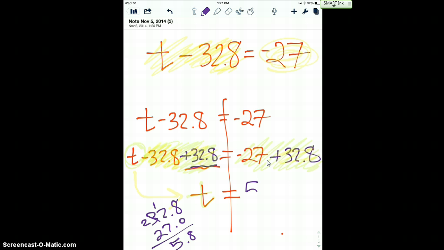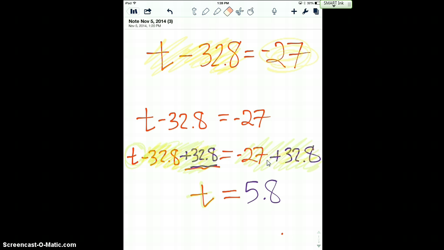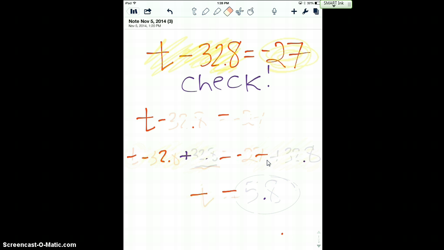And now you'd say, are we done? Well, no, we did solve it two ways, but now we need to actually check. I'm going to see if this 5.8 actually works. So I'm going to take the original problem and sub in 5.8.